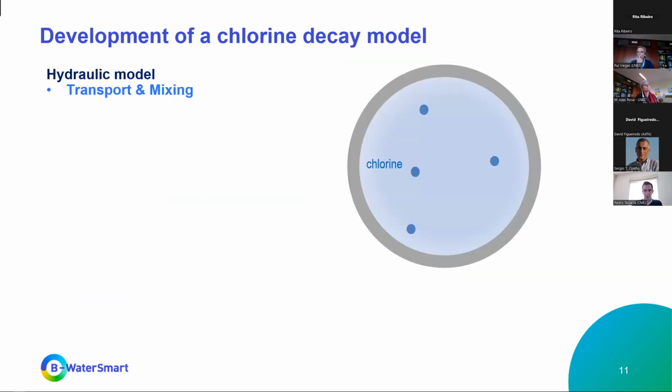So how do we typically develop a chlorine decay model? We must start with a well-established hydraulic model, which considers both transport and mixing.